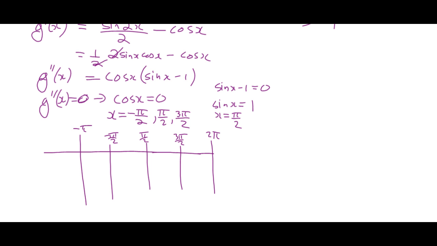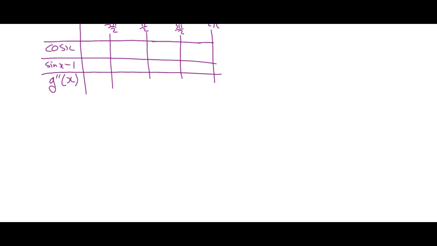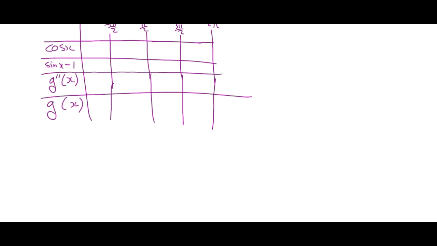Our factors were cos x and sine x minus 1, which will give us the sign, perhaps we should use the word polarity because we already have a sine in there, which will then give us the concavity of g of x.